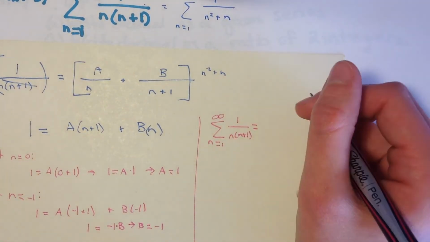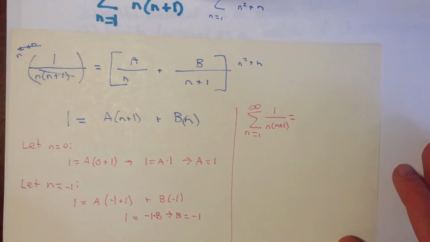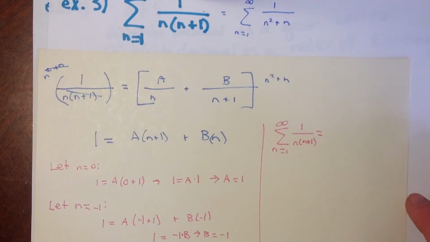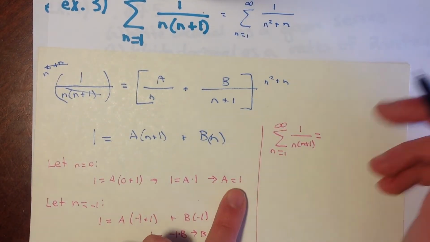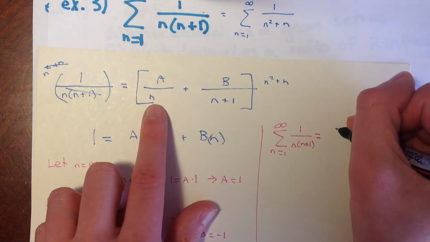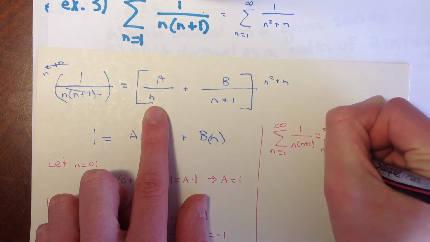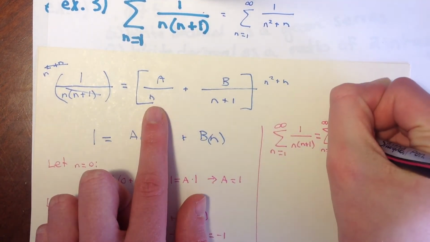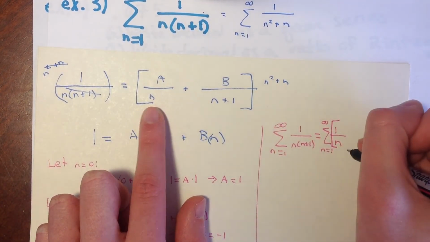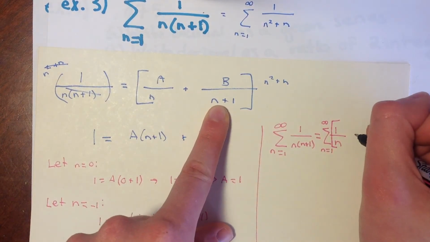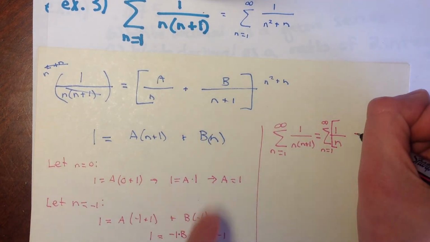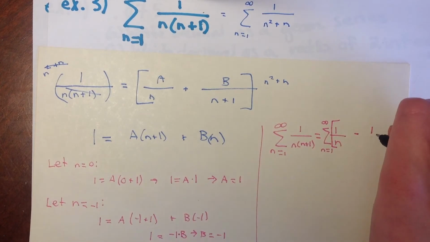So my A value is 1. So I'm going to say the series, where n goes from 1 to infinity, of 1 over n plus my B, which is negative 1, so minus 1 over n plus 1.